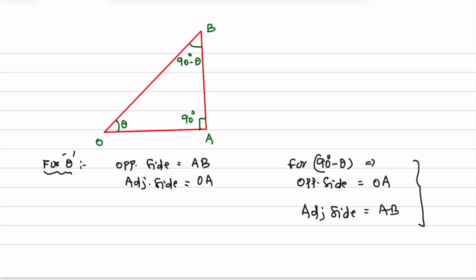From these, we can infer that the opposite side of theta is equal to the adjacent side of 90 minus theta.